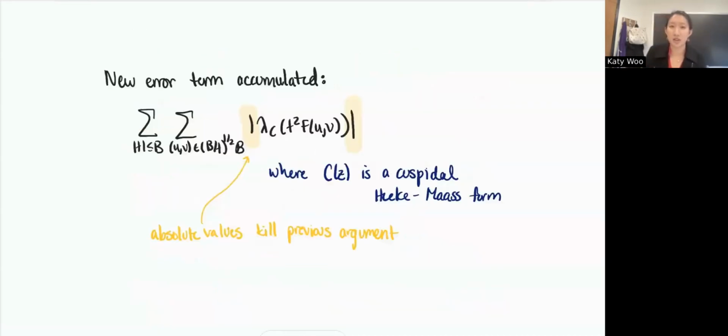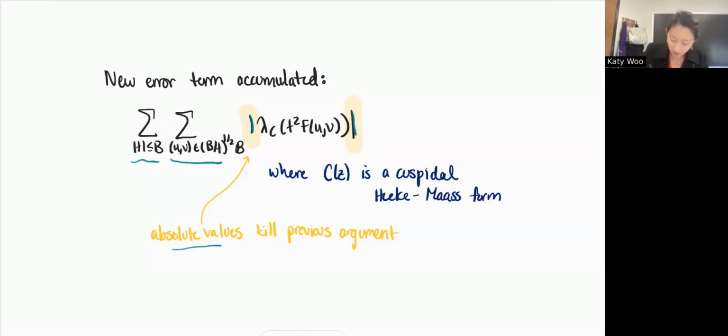And the new error term looks like the sum over t and the sum over u and v in this semi-short box of now the absolute value of lambda c of t squared f of uv, where c is a cuspidal Hecke Maass form, and it was formed using these Grossencharacters of infinite order. And now, if we think about it, putting absolute values around our cusp form coefficients just absolutely kills the argument that we were using before to handle the cusp form coefficients. So we need to do something else.